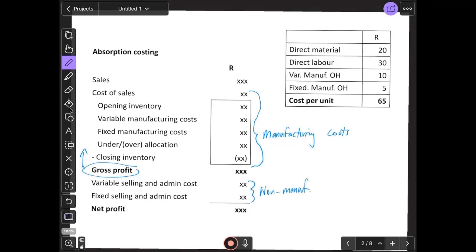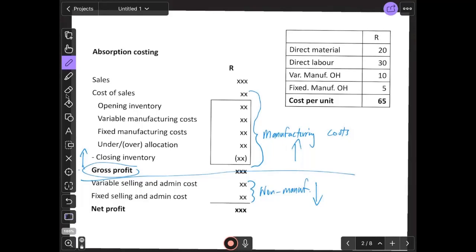So what do we have here? We've got a split. Manufacturing costs above gross profit, non-manufacturing costs below gross profit. And IFRS wants us to show it that way. They want to know what was part of the main manufacturing process to make the cost of sales, what was our gross profit, and then all the admin and other expenses below that.